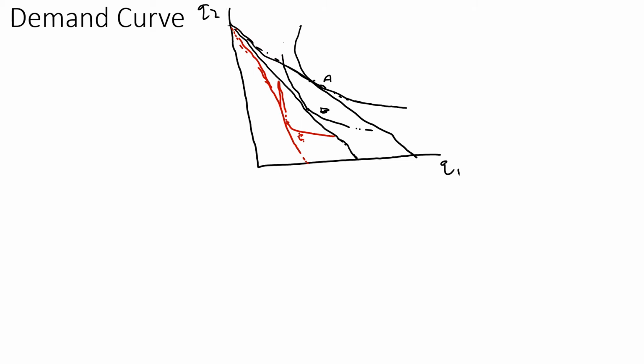When we are increasing the price, the budget constraint is rotating backward, not shifting entirely but rotating, pivoted at the point on the y-axis.